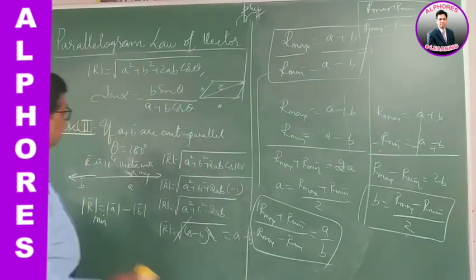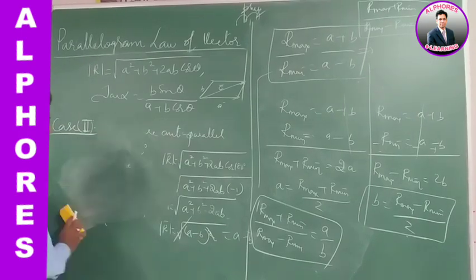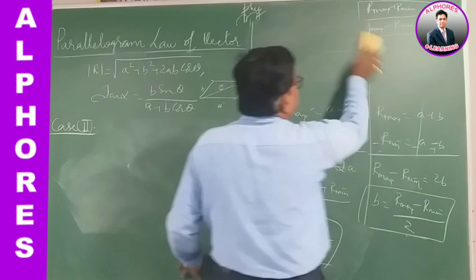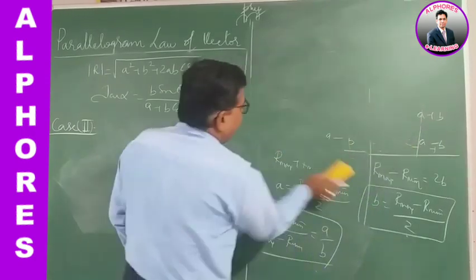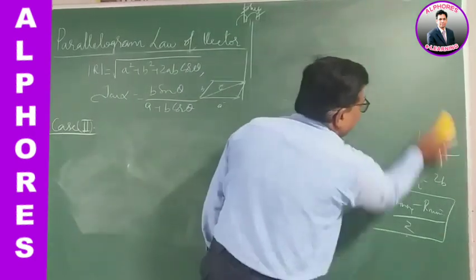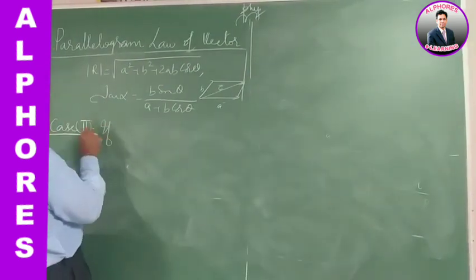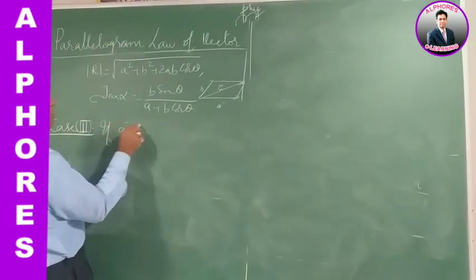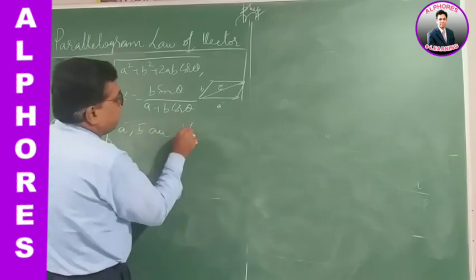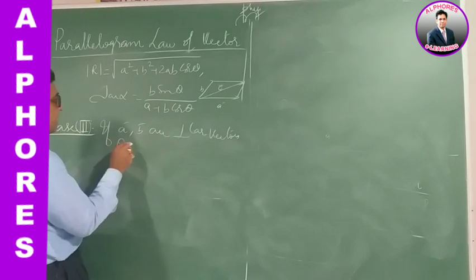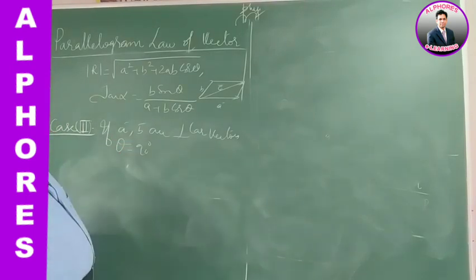Now the third case, when the vectors are perpendicular. If A bar and B bar are perpendicular vectors, that is theta 90, then what is the resultant?